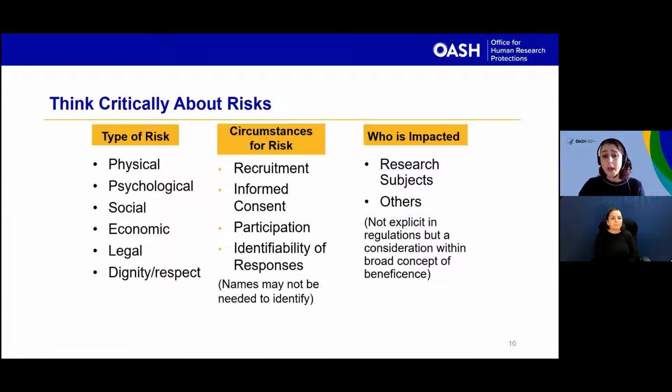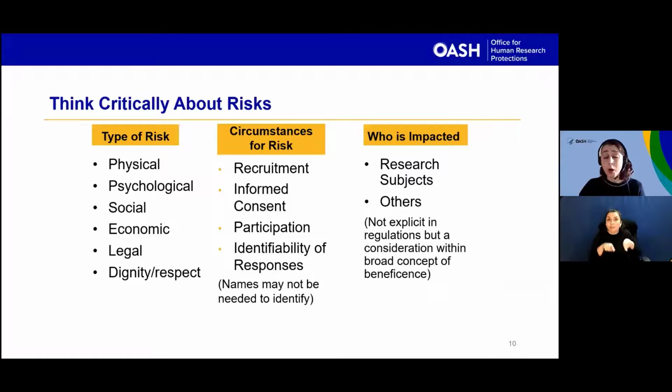Of course, when assessing the risk of a study, you also need to think critically about the circumstances in which the risk may occur and who may be impacted. So our planned interviews on the mental and emotional toll of social media use may carry psychological risks if we plan to ask sensitive or possibly triggering questions. And this is likely to happen in the course of participation.